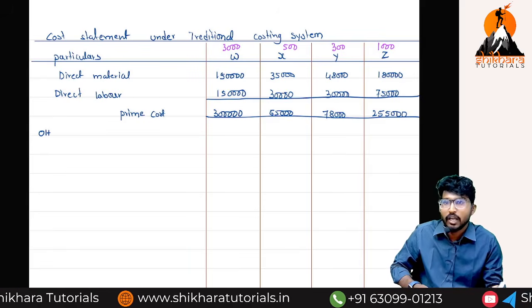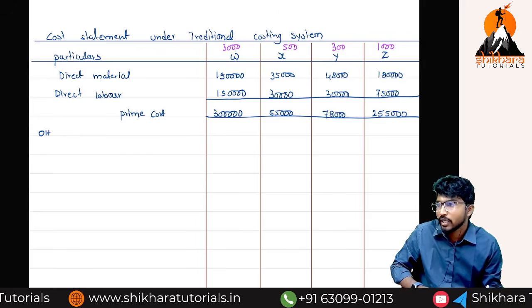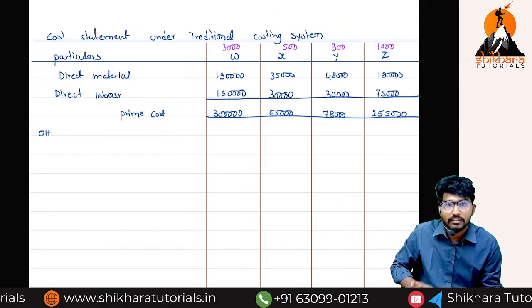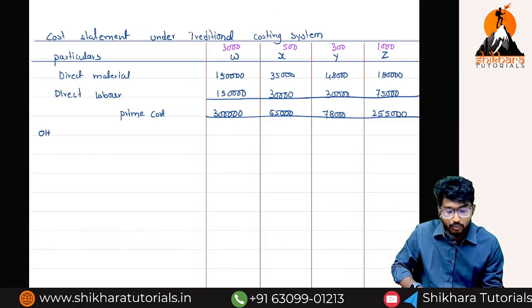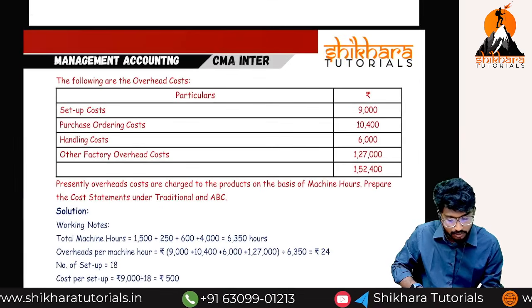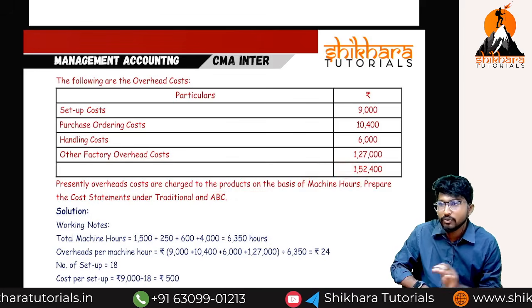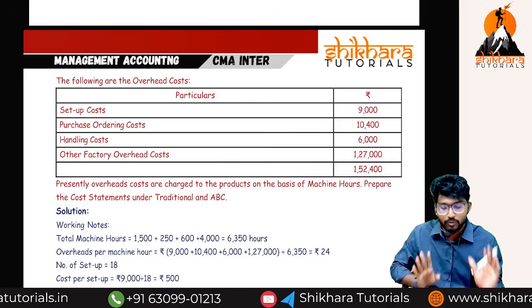Overheads. Here, as per the traditional costing system, we are not segregating overheads. We are taking all expenses as overheads only. Overheads are charged on which basis? Machine hour basis. Now tell me how many machine hours we have.